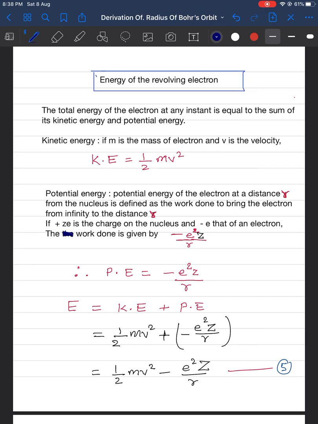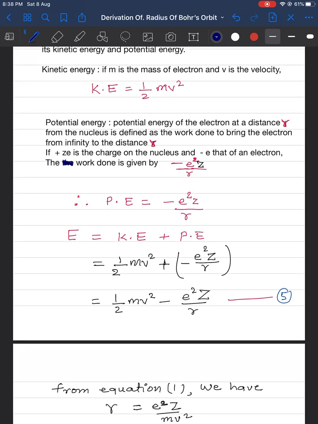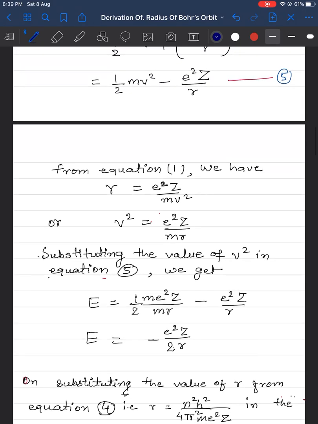Therefore, total energy E of the electron is given by the sum of potential energy and kinetic energy. That is half mv squared minus Ze squared by r, and this is the fifth equation.